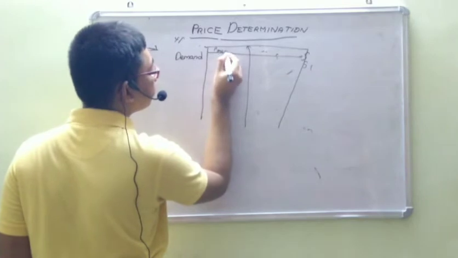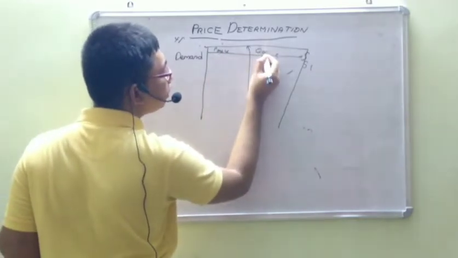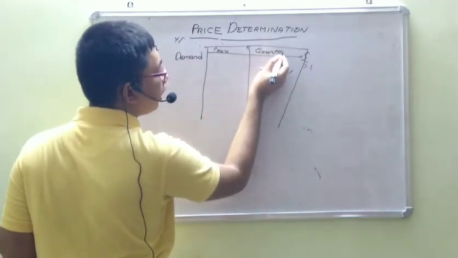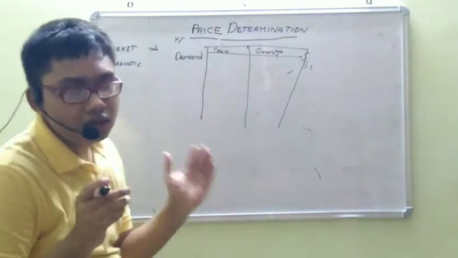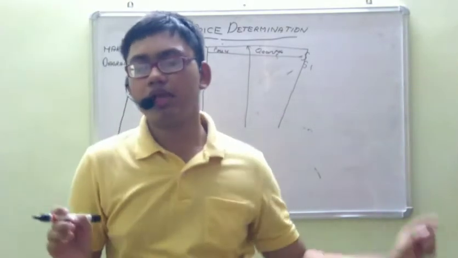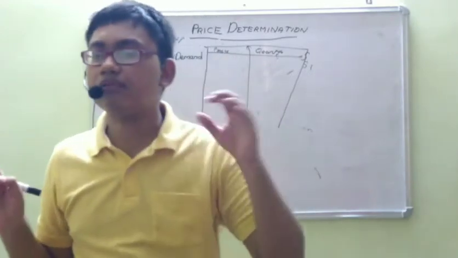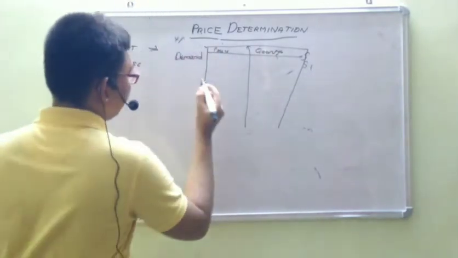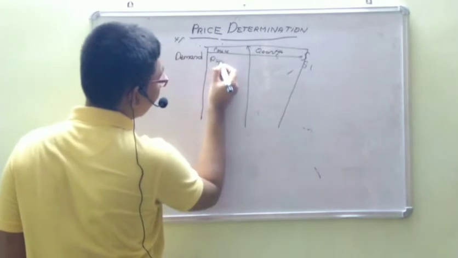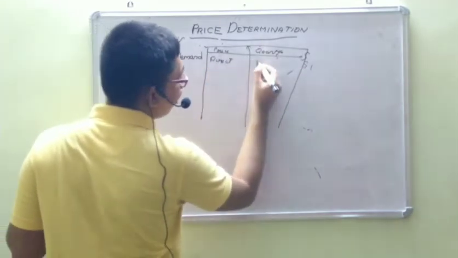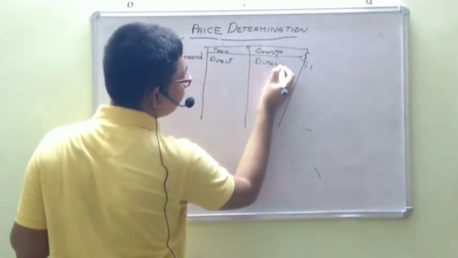Whenever demand is increasing, price as well as quantity will increase. Whenever demand is falling, price as well as quantity will fall. So there is a direct impact of change in demand on both price and quantity.